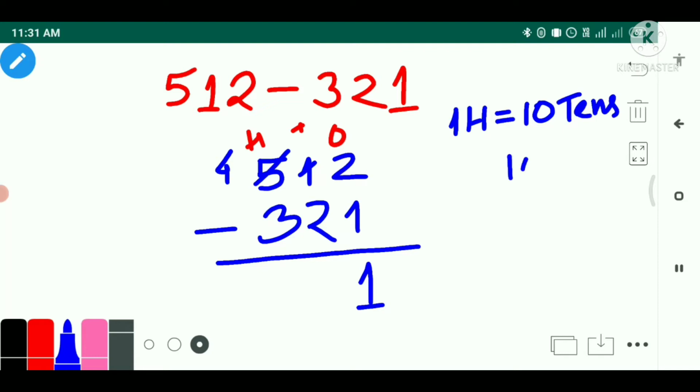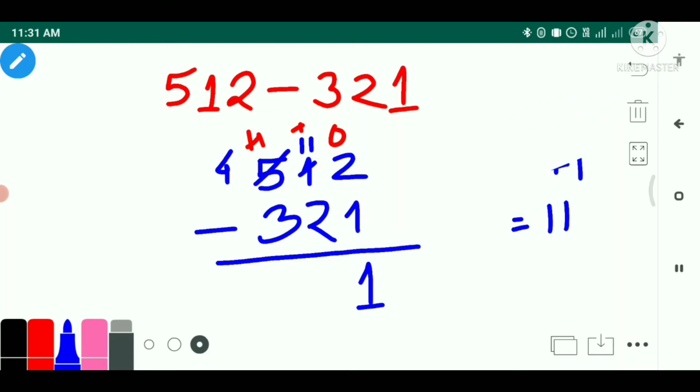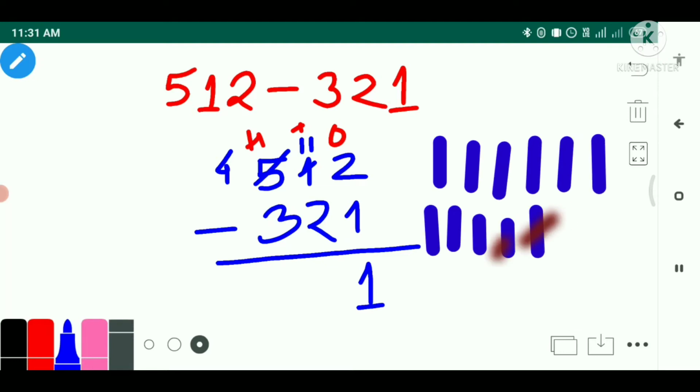Now 10 plus 1, how much will it be? 11. So now the value of these tens will be 11. Now just imagine 11 lines and then just cut 2 of them. How many lines will be left behind?